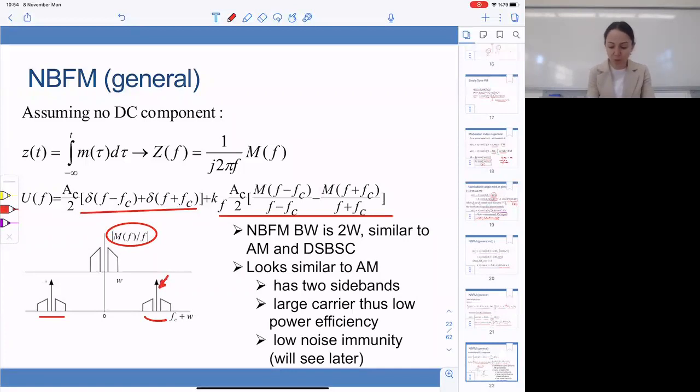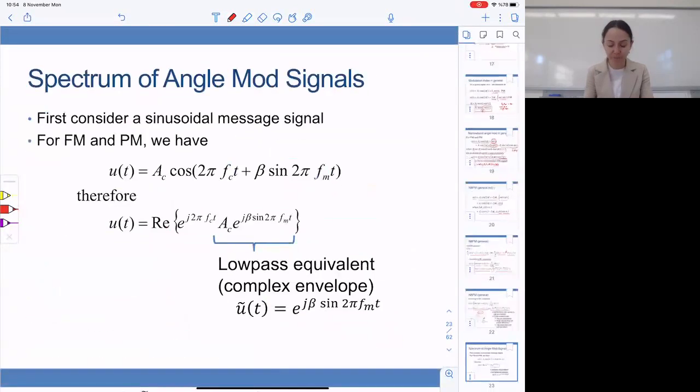So it looks like AM. And if you ignore the carrier, it looks like double sideband, suppressed carrier. So it has two sidebands. There's a large carrier, okay, therefore a low power efficiency. And it will also have low noise immunity. We will see this later when we talk about noise. All right, any questions so far?